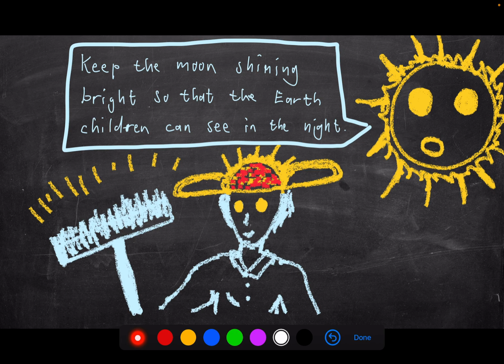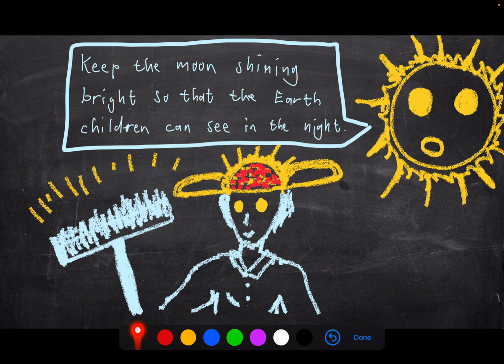So he created a moon sweeper, right? He gave the moon sweeper a magical broom that had the same solar magic that the sun had to brush away the shadow on the moon. The sun said, "Keep the moon shining bright so that the Earth children can see in the night."